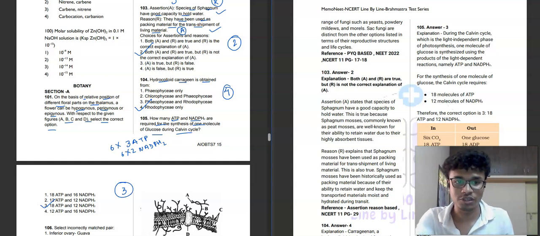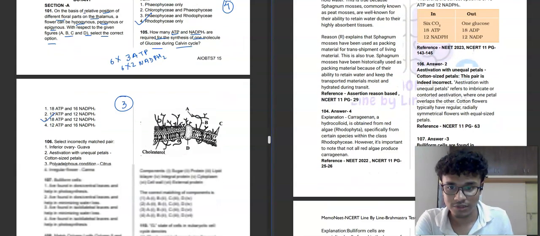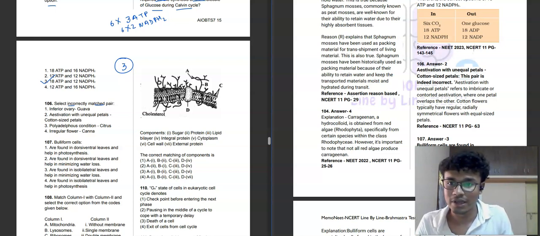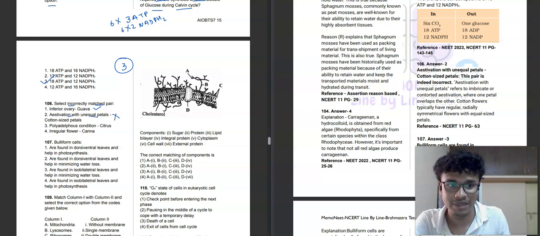Moving towards the next question, 106. It is saying select the incorrectly matched pair. The first option is given: inferior ovary, guava, which is correct. Aestivation with unequal petals, cotton, is incorrect.